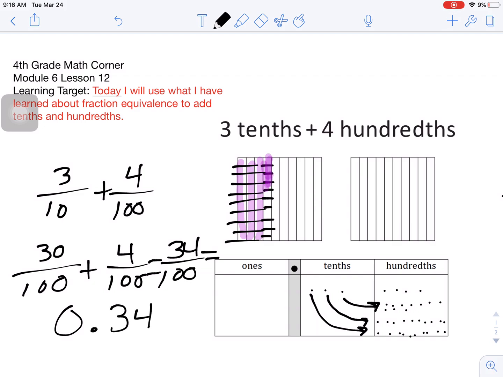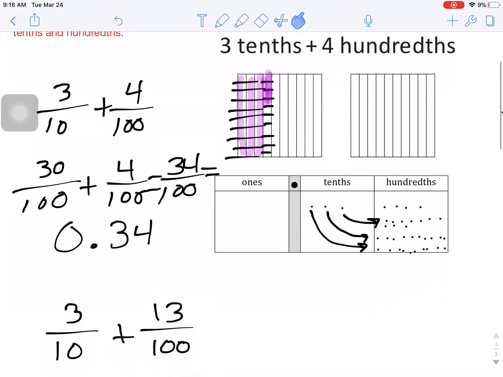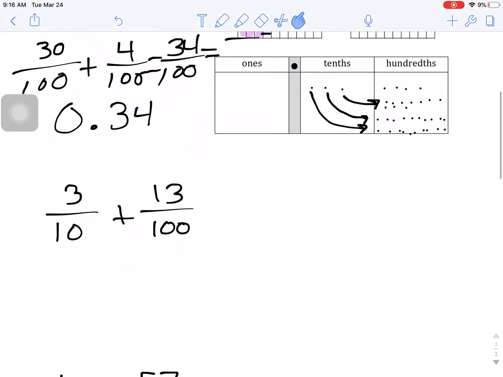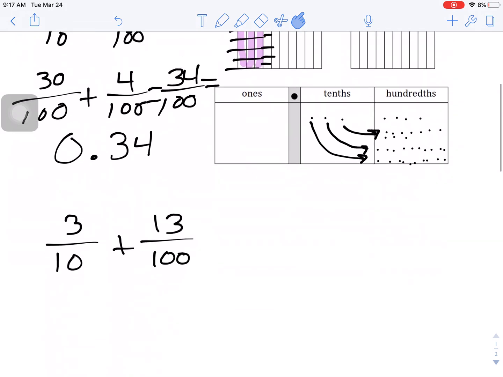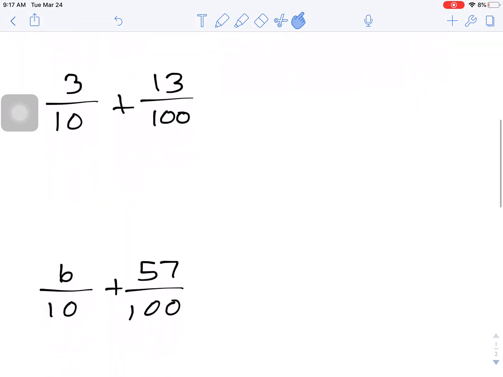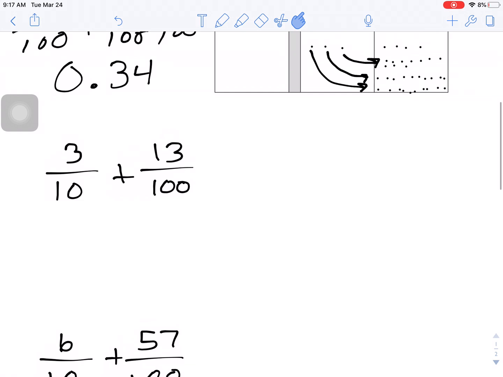34/100. Remember, we need to make the denominators the same in order to make equivalent fractions. So we could do that on an area model or place value chart. We're also going to try looking at just the fractions. So remember, we talked about making like denominators. So here I noticed that this is 10 and this is 100.